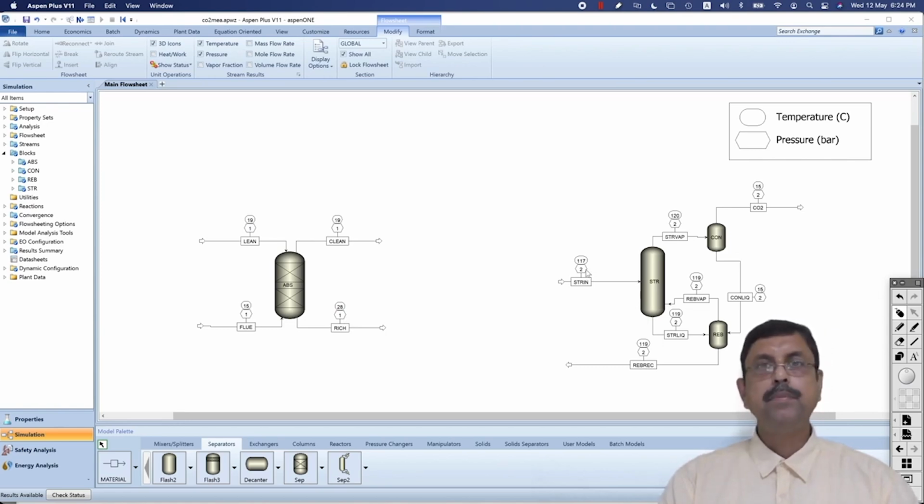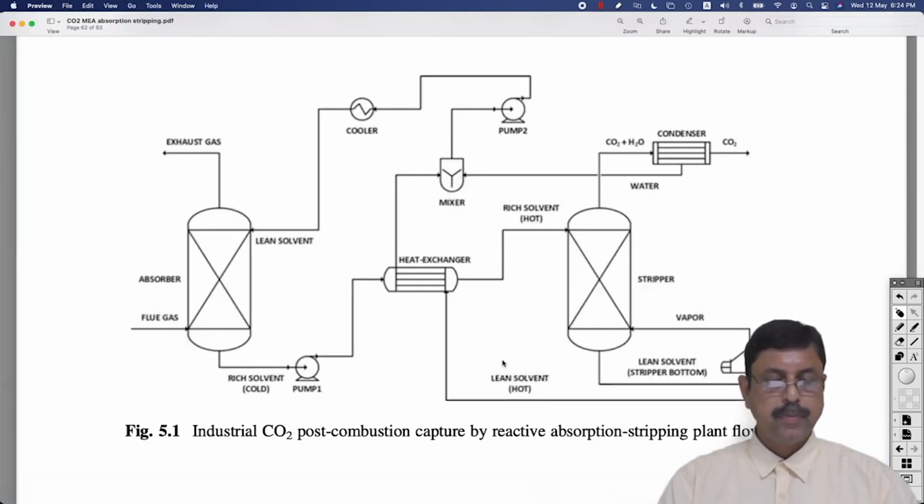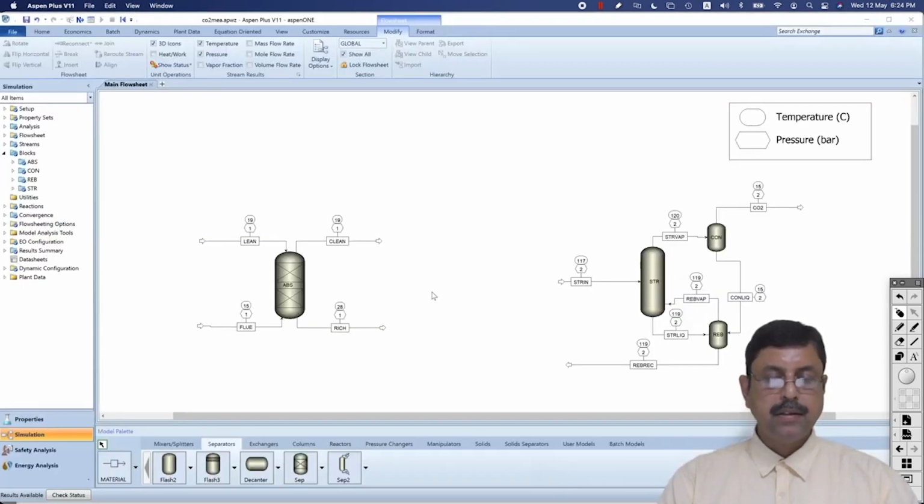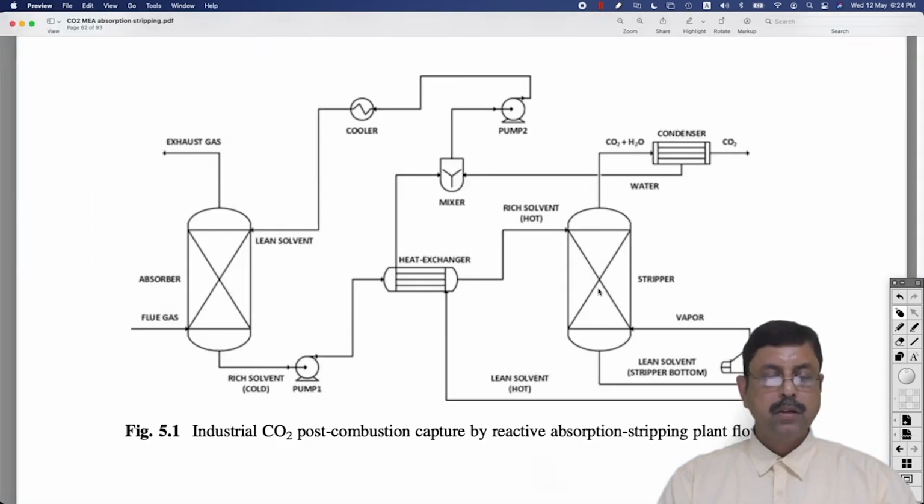So we need a pump to increase the pressure. And we need a heat exchanger because here it is at 28 degrees centigrade and here it is 117 degrees centigrade. The reboiler output, it is 119 degrees centigrade. So it is expected to transfer the heat from this end to this stream through this kind of heat exchanger arrangement.